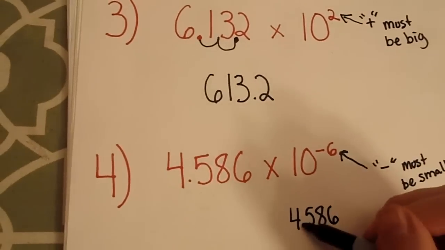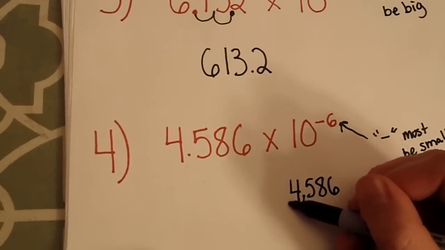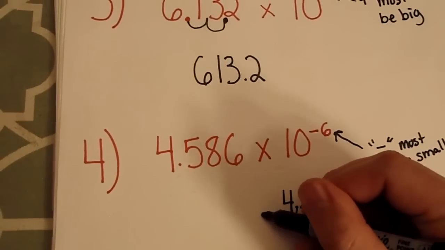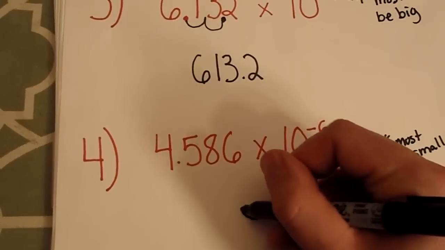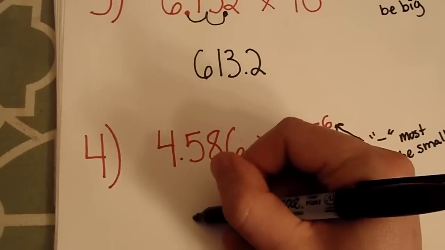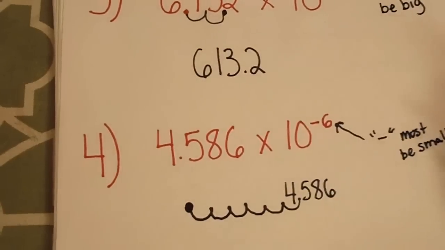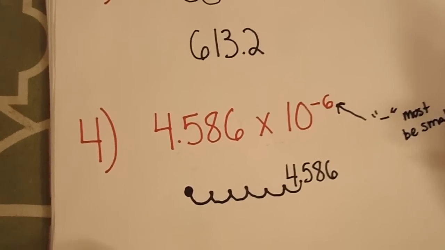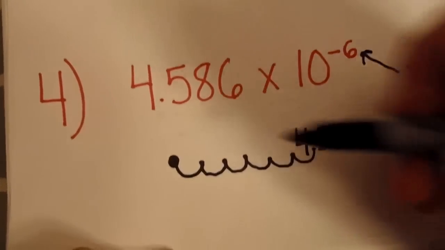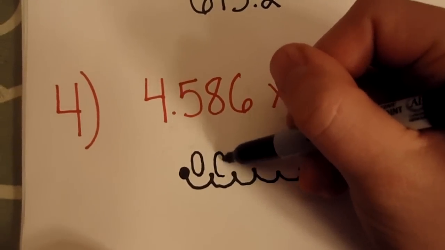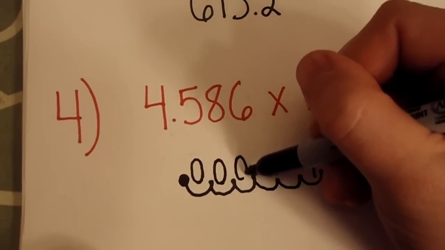So we have 4.58, right? I'm going to go over 6 places. 1. Oh no, but I have no more. We'll just keep going. 2, 3, 4, 5, 6. That's my endpoint. But I have all this space in between. Well, I'm going to fill that space with zeros. I like to think of it like a little egg carton. These little holders are where you're going to place your zeros.